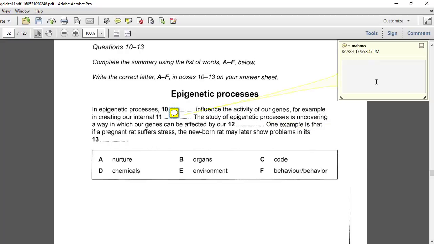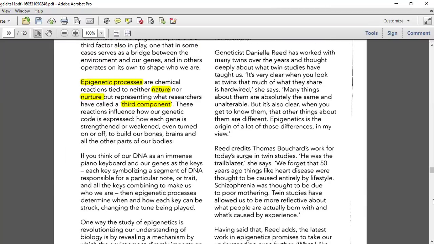Okay, what influences, what affects the activity of the genes? The chemical reactions, which means chemicals. Okay, for example, in creating our internal what? Get back to the passage. How genes is strengthened or weakened, even turned on or off, to build our bones, brains, and all other parts of our bodies.